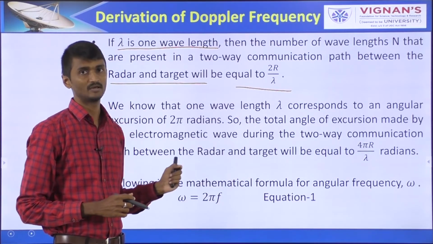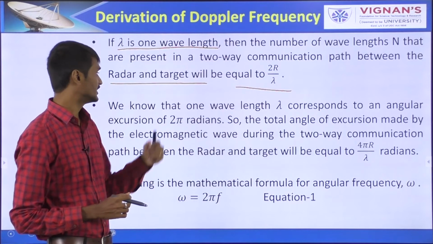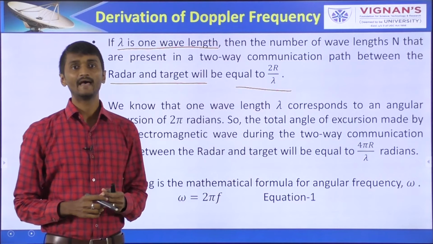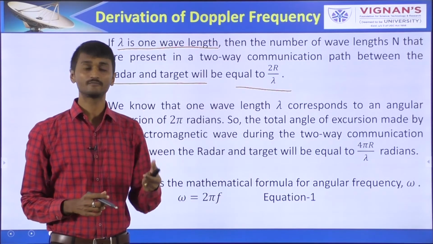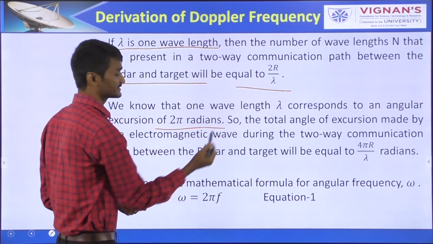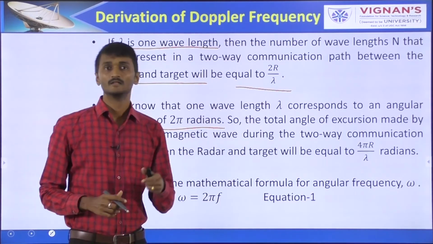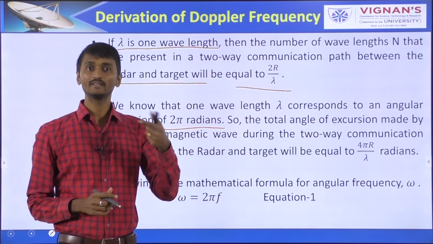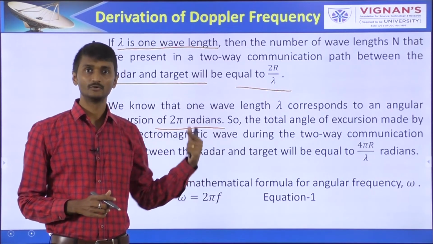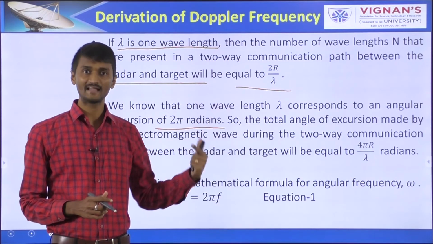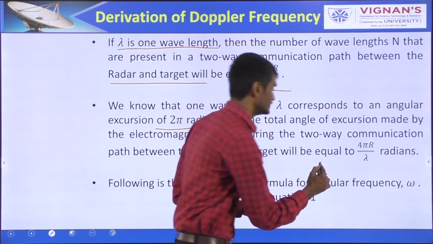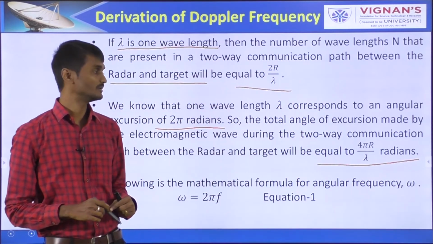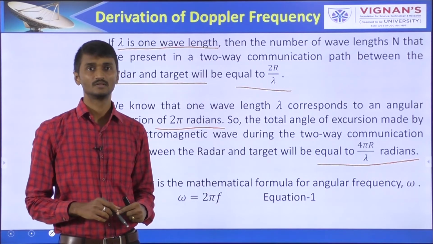Now we know that one wavelength lambda corresponds to an angular excursion of 2 pi radians. So the total angle of excursion made by the electromagnetic wave during the two-way path between the radar and the target will be 4 pi R by lambda radians.